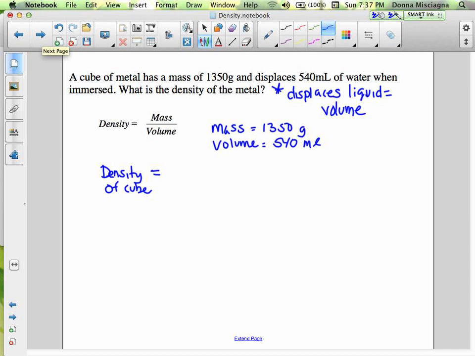And so not only will we reduce this, we'll also include the units of measure. All right, so the density of the cube is going to be 1,350 grams divided by 540 milliliters. And so that is, let me grab a calculator.